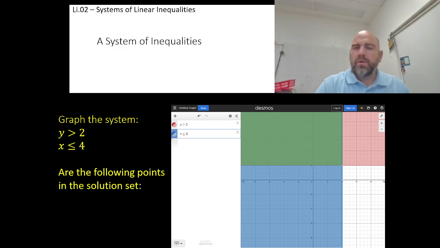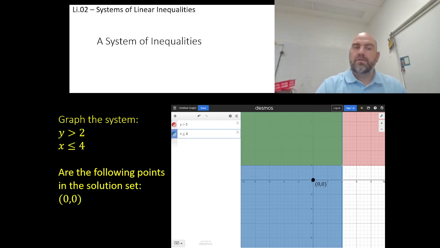Now I'm going to go through and see whether certain points are part of the graph. This comes into play when we're asking if a point is part of the solution set to a system of inequalities. The first one we're going to look at is the point (0, 0). If you're unsure where that is, it's right there, right in the center of the graph. Is that a part of the solution set?